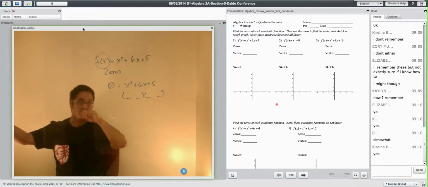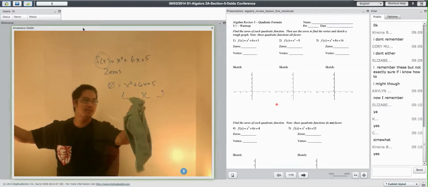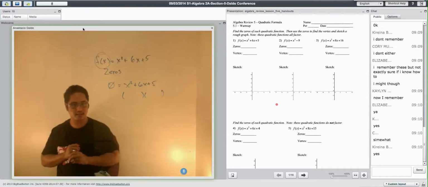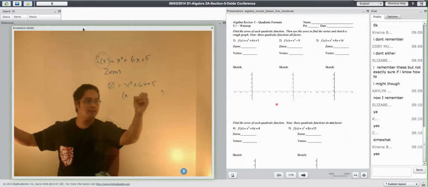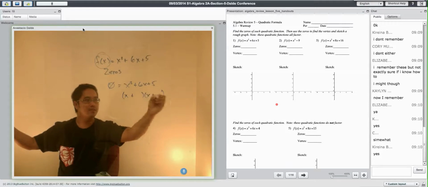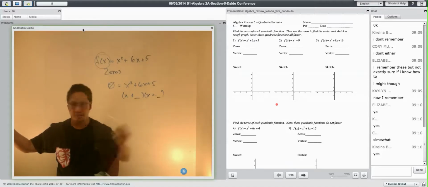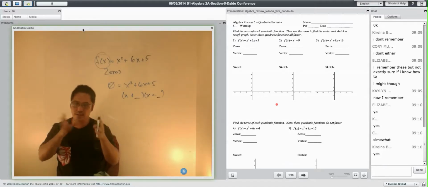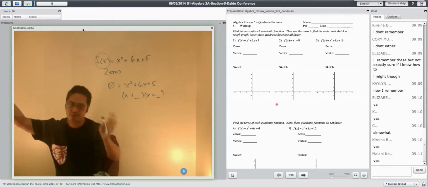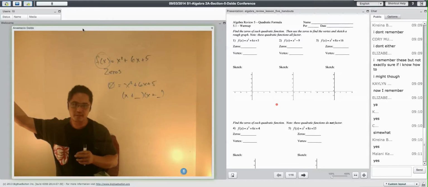So what we're going to do is try plugging in some things inside of these parentheses and seeing if it works. I'm going to plug in an x here and an x here. And then I want two numbers. Is this vaguely familiar from Algebra 1? Say yes or no. Come on, help me out here. Vaguely familiar, kind of brushing off some cobwebs here.